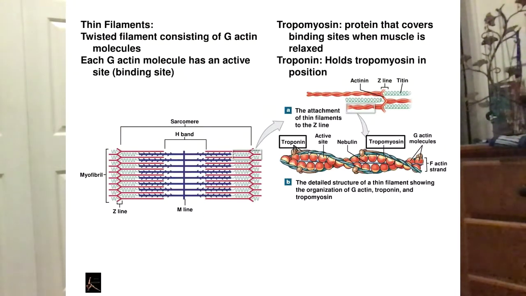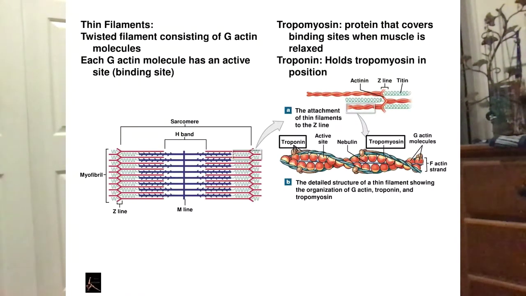Okay, tropomyosin. You can see that boxed out for you there. Looks like that bluish-green rope that spans the length of the actin molecules, and it's covering the active sites. So as long as that's covering the active sites, there can't be any interaction with another molecule.